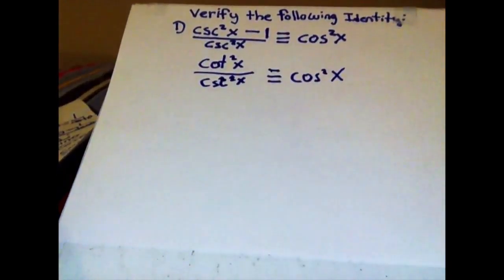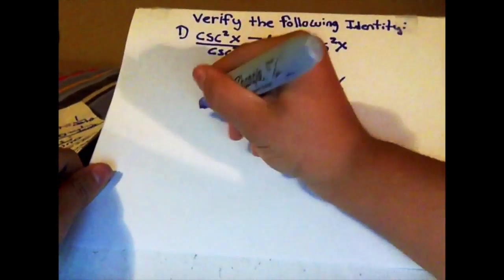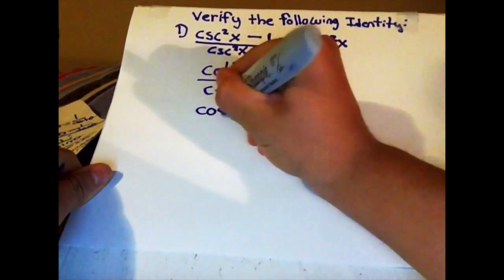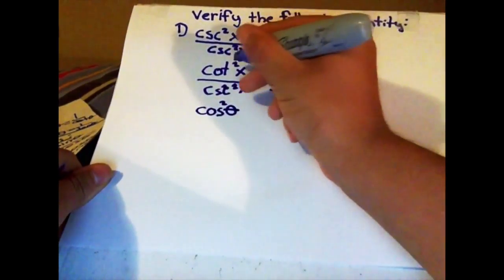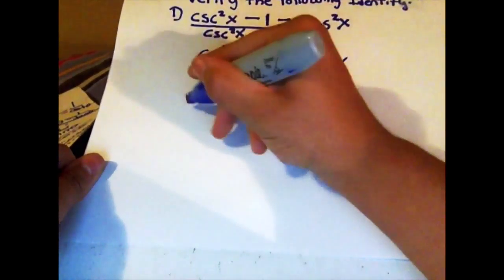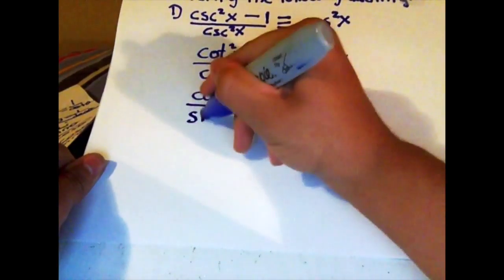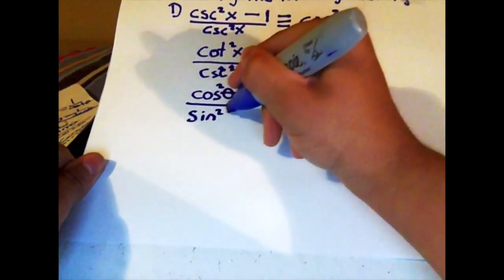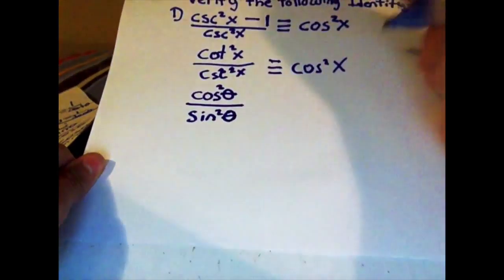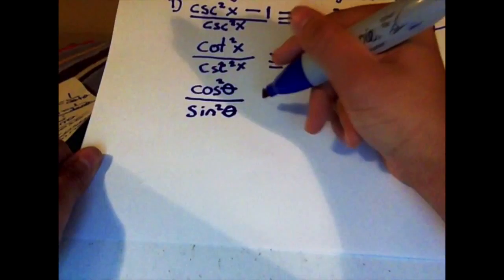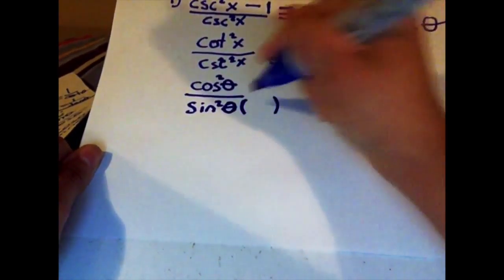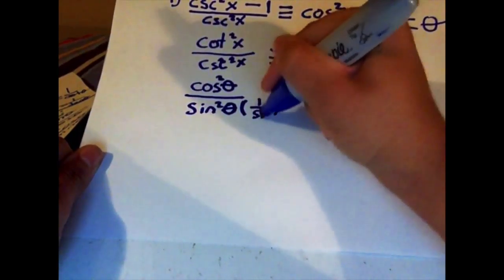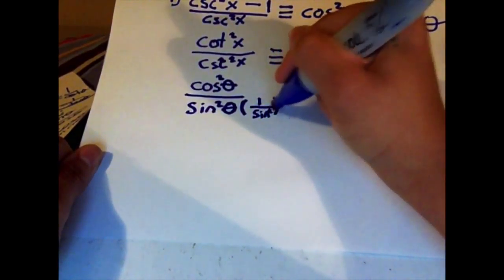The cotangent would become cosine delta, with the exponent transferred, to the power 2 over sine squared delta, or x. Remember, x is equal to delta. And the cosecant would become 1 over sine squared delta.